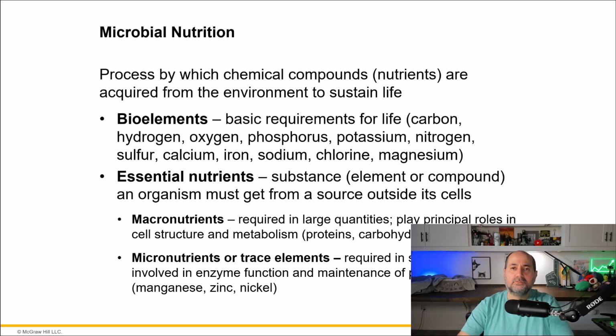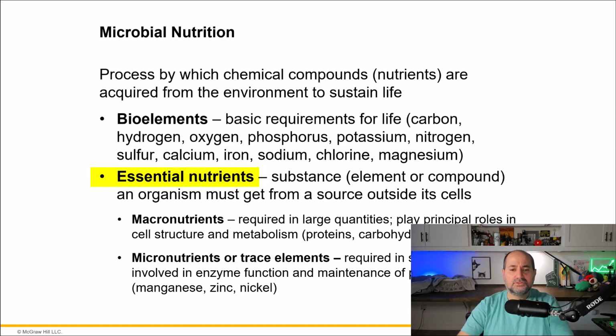Where do these microbes get their essential nutrients from? When we're talking about bioelements, we're referring to the basic elements required for life. Think carbon, hydrogen, oxygen, phosphorus, potassium, nitrogen, sulfur, calcium, iron, sodium, chlorine, magnesium. These are called bioelements because they're found in living organisms. And oftentimes we refer to these as nutrients.